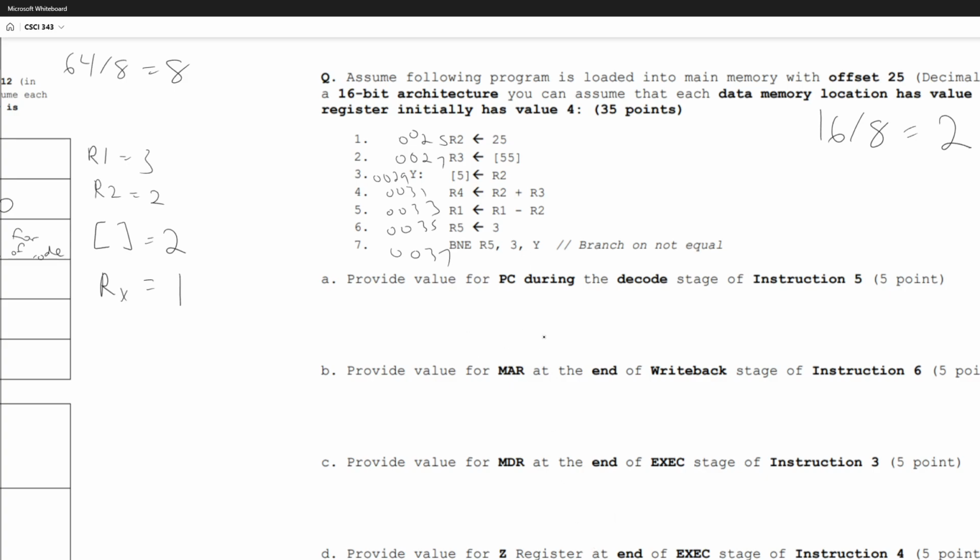Provide the value for PC during decode stage of instruction 5. So actually, maybe I should just write down what these all are. This is an R type. This is an L type. S type, R type, R type, R type, branch.